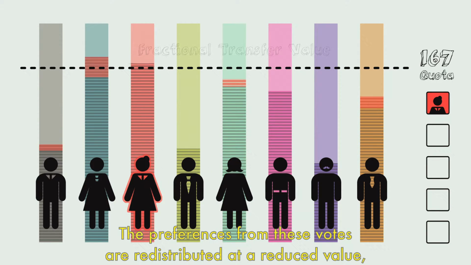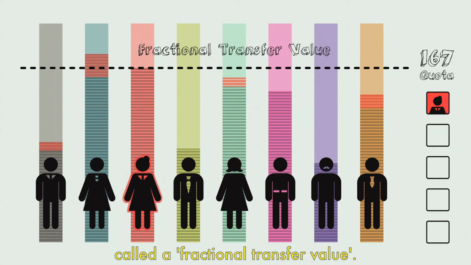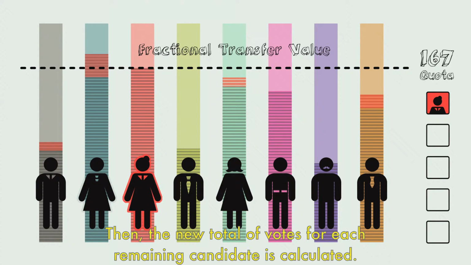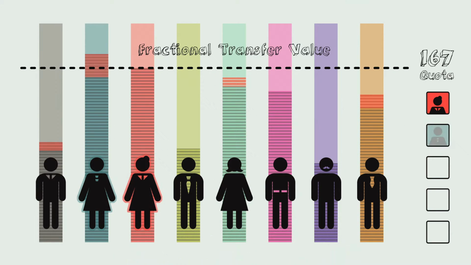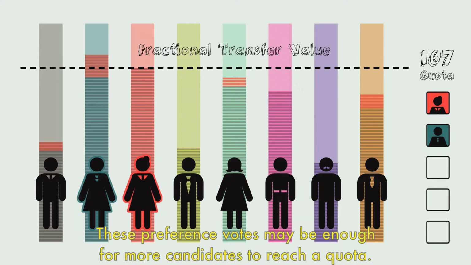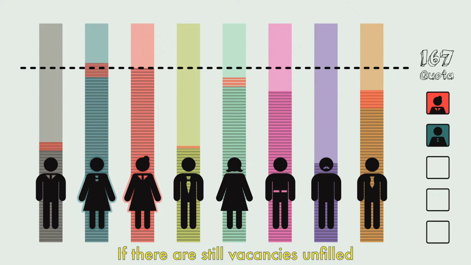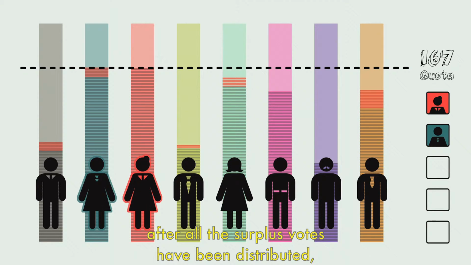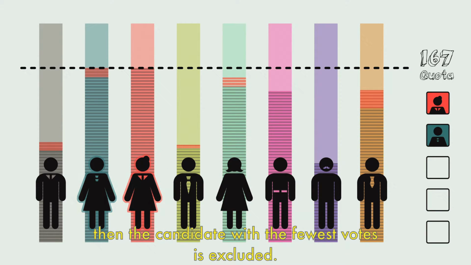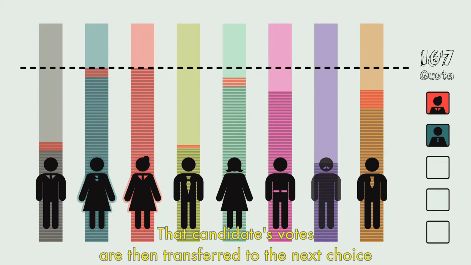The preferences from these votes are redistributed at a reduced value called a fractional transfer value. Then, the new total of votes for each remaining candidate is calculated. These preference votes may be enough for more candidates to reach a quota. If there are still vacancies unfilled after all the surplus votes have been distributed, then the candidate with the fewest votes is excluded.